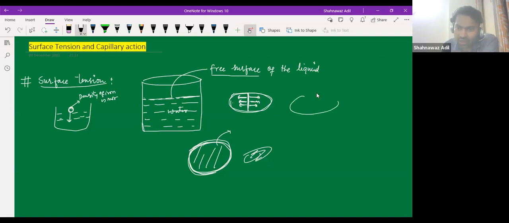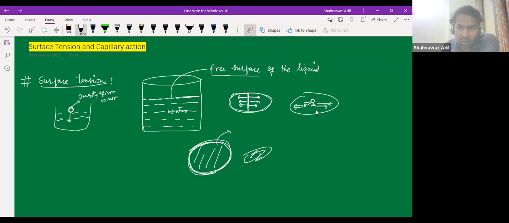So let's say you have this free surface and you have this mosquito, right? Okay, this is a very bad drawing. These mosquitoes don't go down inside this water. Why? Because at the surface, they are pulled, they are stretched. So that is why they don't go down.